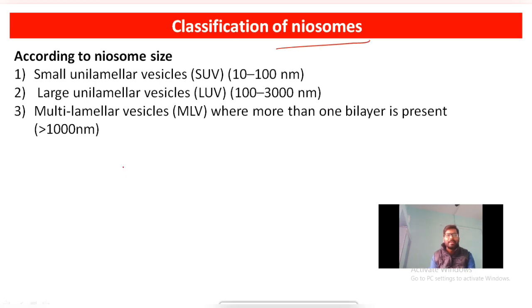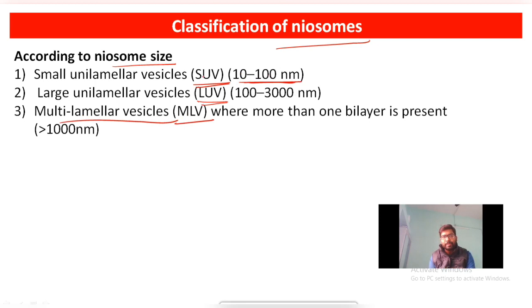Niosomes can be classified according to their size. Small unilamellar vesicle can be there, large unilamellar vesicle, then multilamellar vesicles also. And just see the size range.